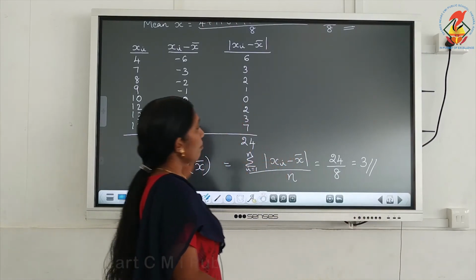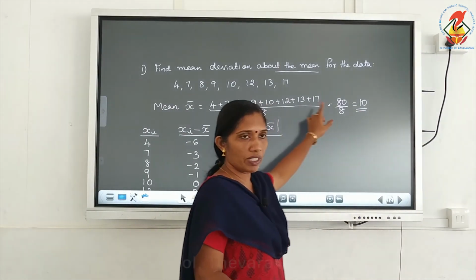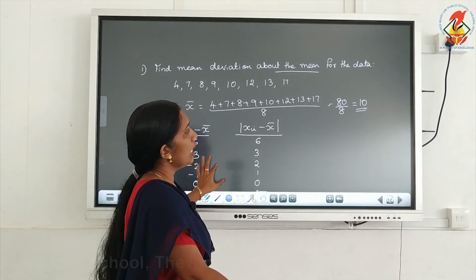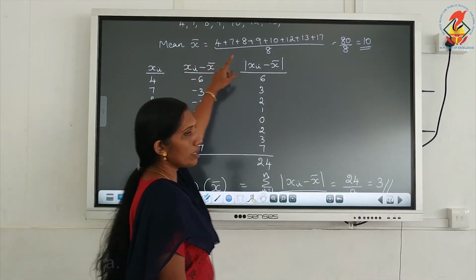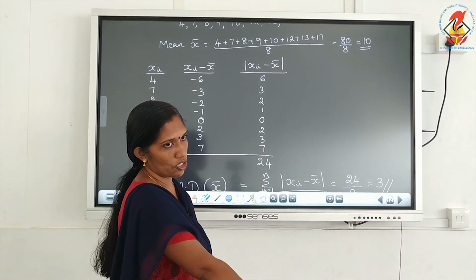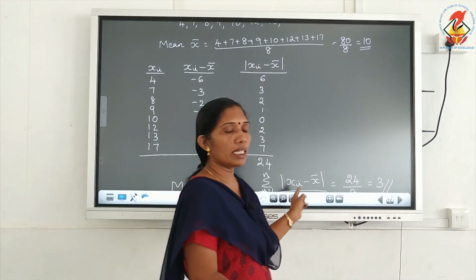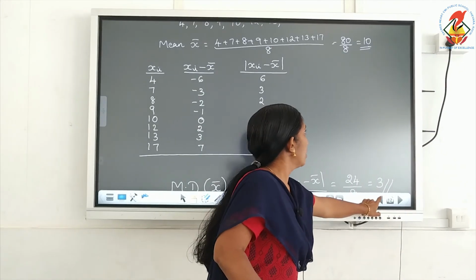For mean deviation about the mean, the first step is to find the mean, the sum of the observations by the number of observations. Then the table xi, xi minus x bar, then the absolute value. Take the sum and divide by the number of observations. So x bar is the mean, m is the median, and n is the number of observations.